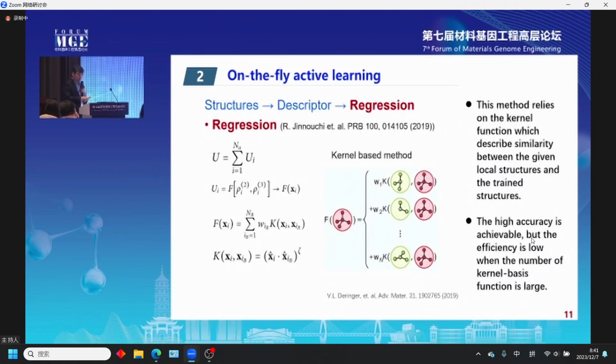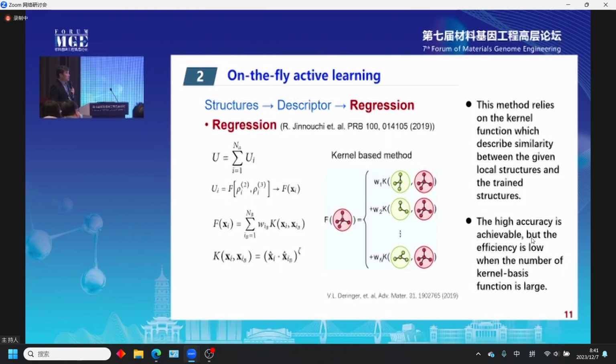For the third step, when you have the descriptor and you try to use regression, this method uses a kernel-based approach. In the WASP code, it trains on structures and directly compares them to the local structure in the target materials, comparing the similarity using the weight factors W1, W2, and Wn.